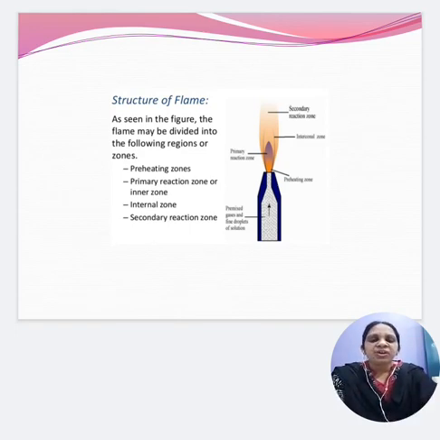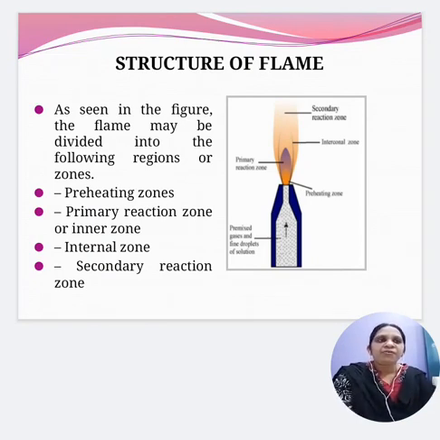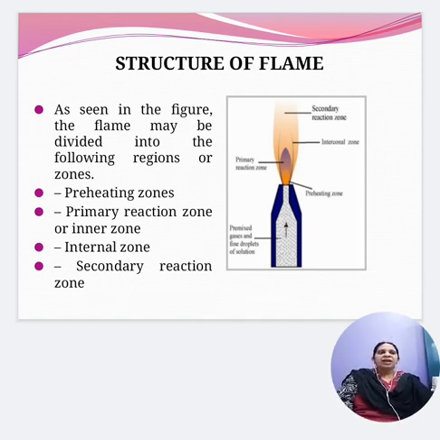This is the structure of the flame, divided into 4 zones: the preheating zone, primary reaction zone, interconal zone and secondary reaction zone.